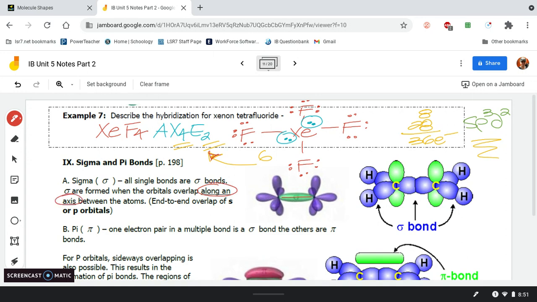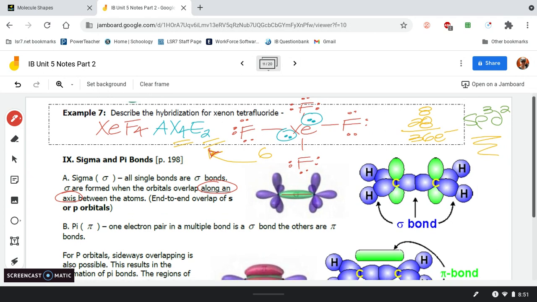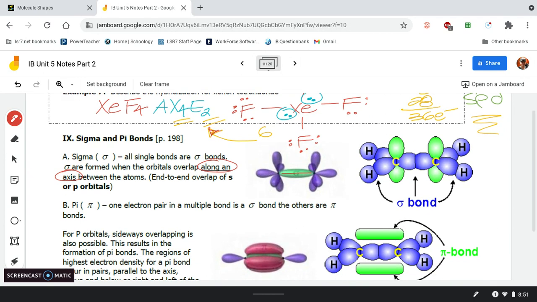Now, what the heck is a pi bond? Well, a pi bond is going to be any of the multiple bonds. So if you have a double bond or a triple bond, those are going to be what we call pi bonds. So where are the pi bonds?